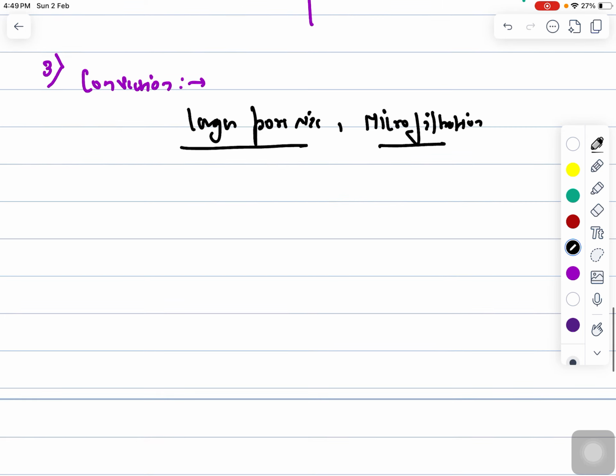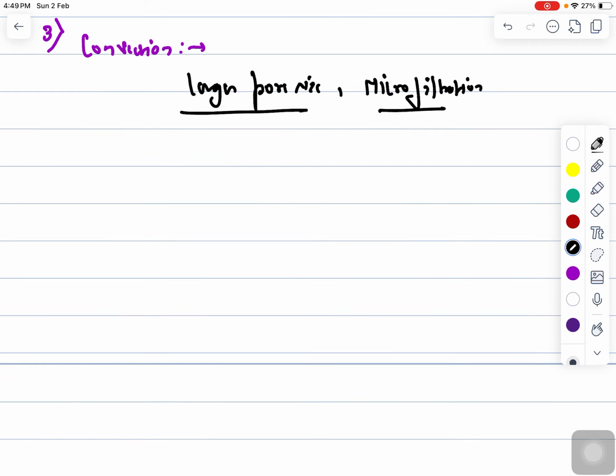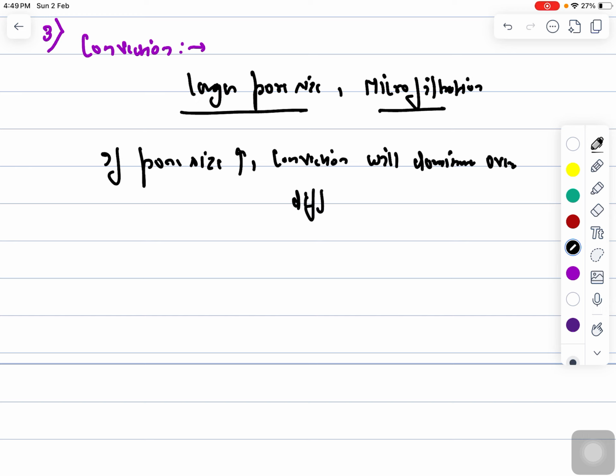We'll see microfiltration, reverse osmosis, all of these things. But if you increase the pore size of the membrane, the diffusion becomes less dominant than the convection, right? So if pore size is being increased, convection is dominant over diffusion.